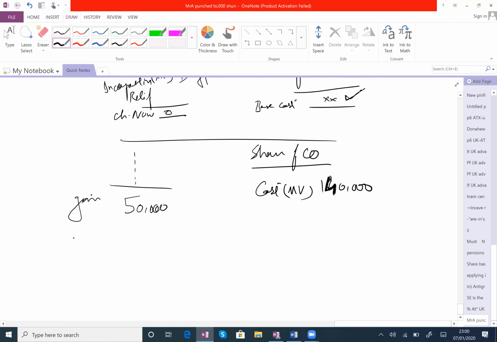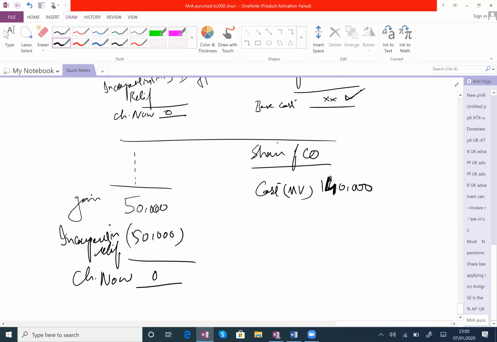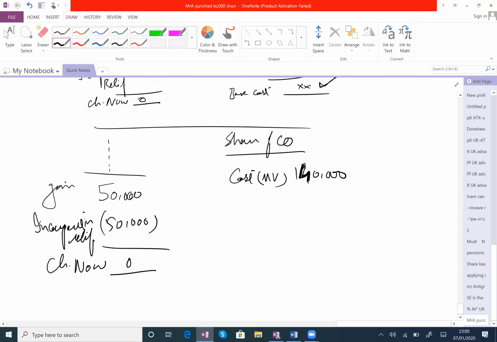So this business gain of 50,000 will be deferred through incorporation relief. Incorporation relief will be available, all gain 50 will be deferred. Chargeable now is 0. In return, I will get the shares of the company and the cost of shares is 140.